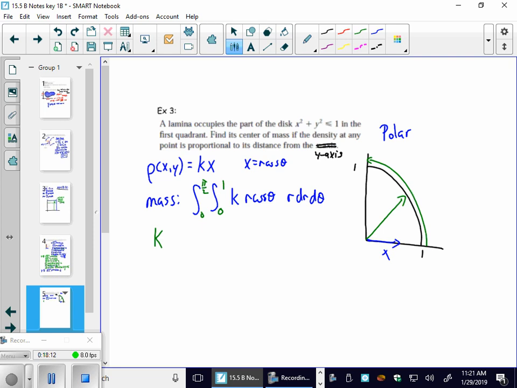The next one is 0 to pi halves, so that's our theta. And our theta parts are cosine theta d theta. And then it is a multiplication. And then we've got the integral from 0 to 1 for our r, which is r squared dr. So this mass is going to be pretty easy to calculate. K times the integral of cosine, which is sine theta, from 0 to pi halves, times the integral of r squared, which is 1/3 r cubed, from 0 to 1.